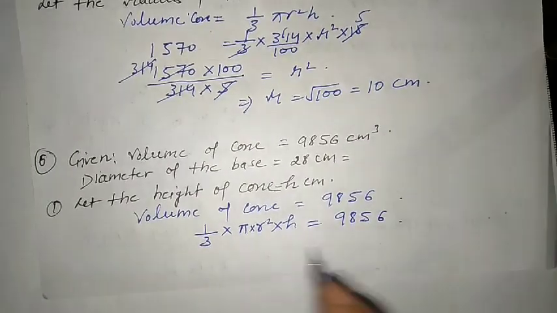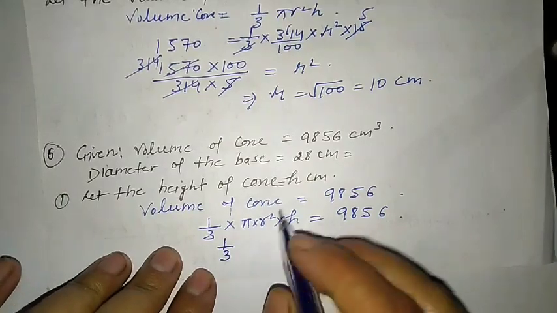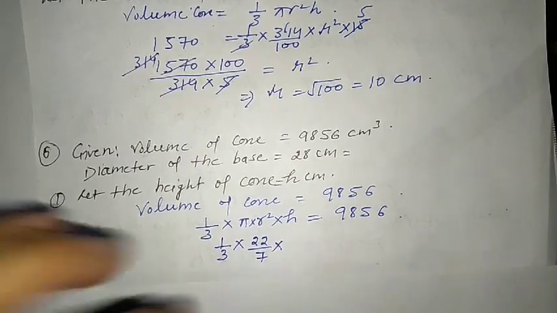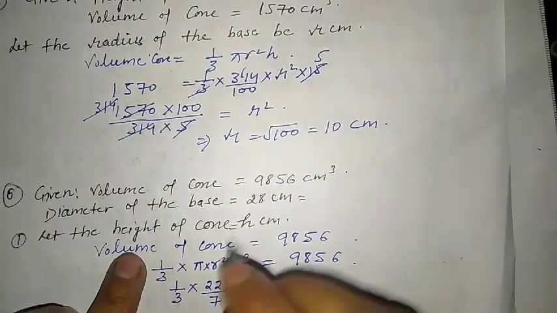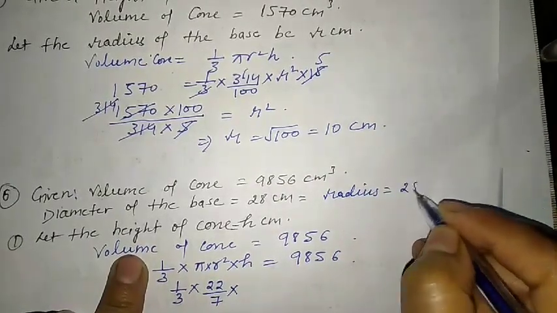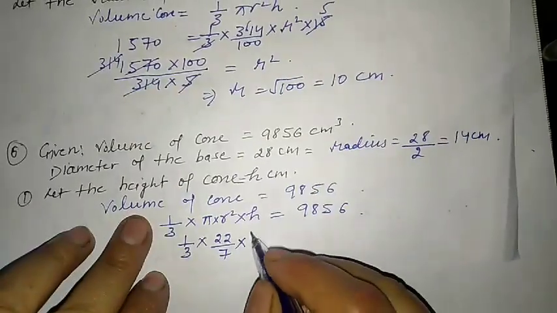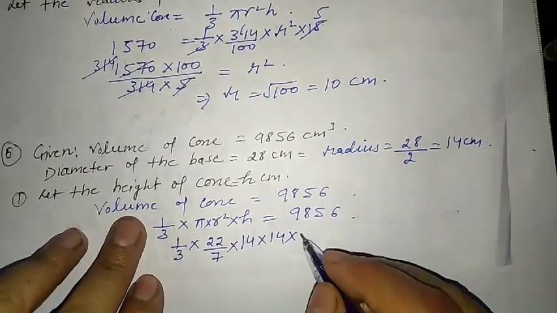So 1 upon 3 into pi, 22 upon 7. R we are giving here. Diameter is given, that is 28 centimeter. So radius is equals 28 by 2, that is 14 centimeter. So 14 into 14 into h. H we have to find.